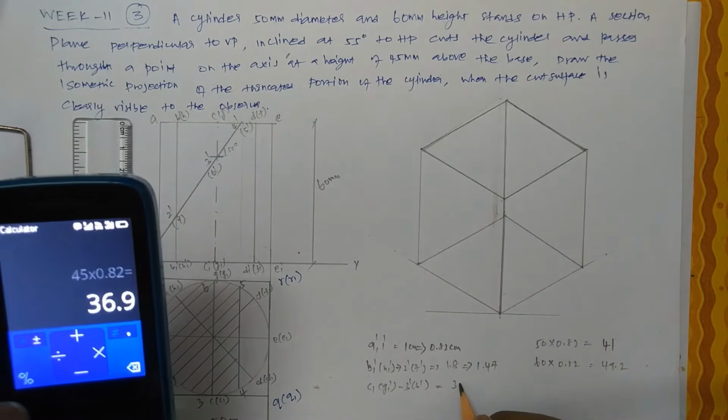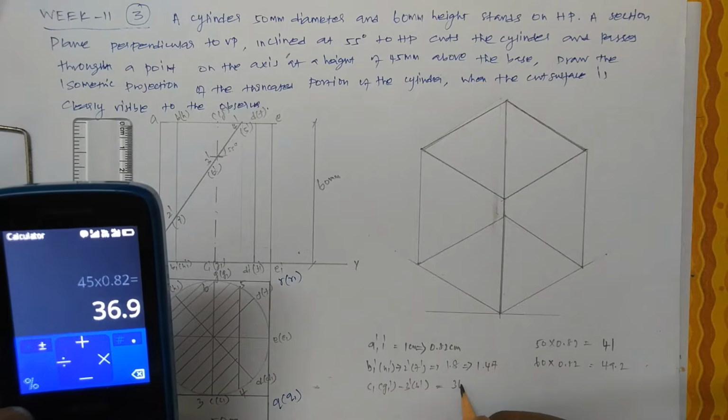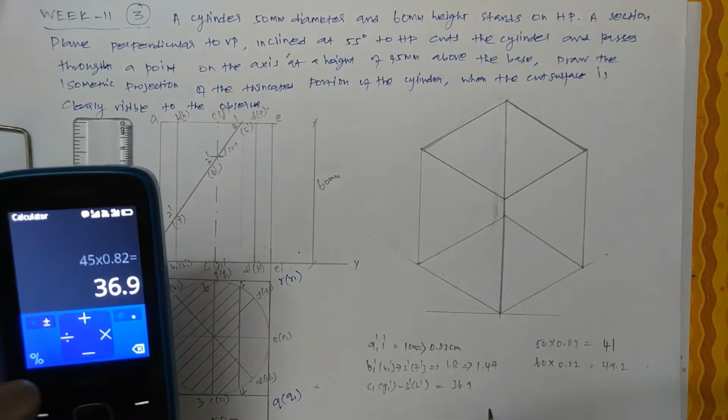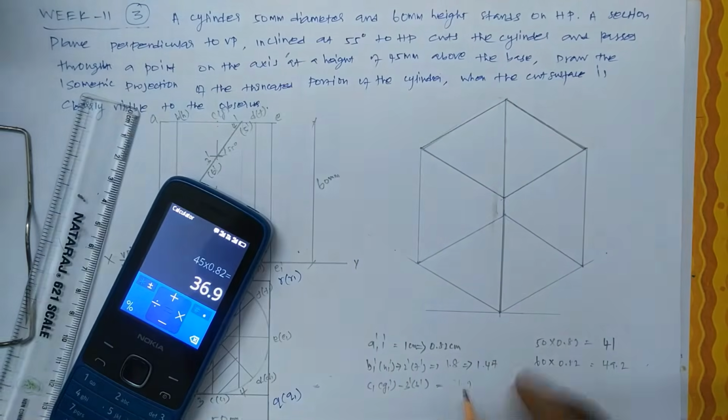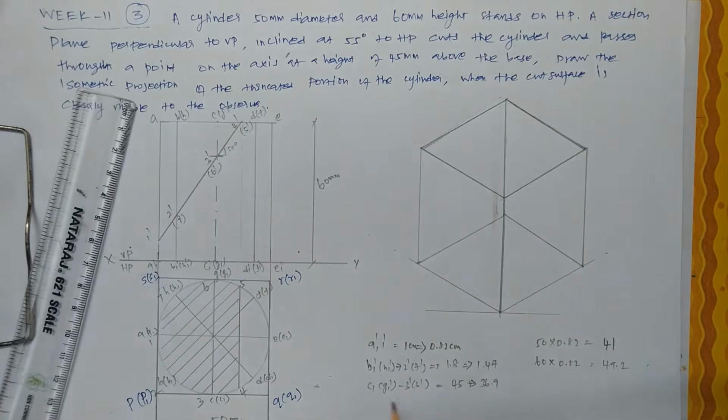So that is 45 multiplied by 0.82, which is 36.9. Let me write that 45 also. Now the last one is 60 mm as it is.